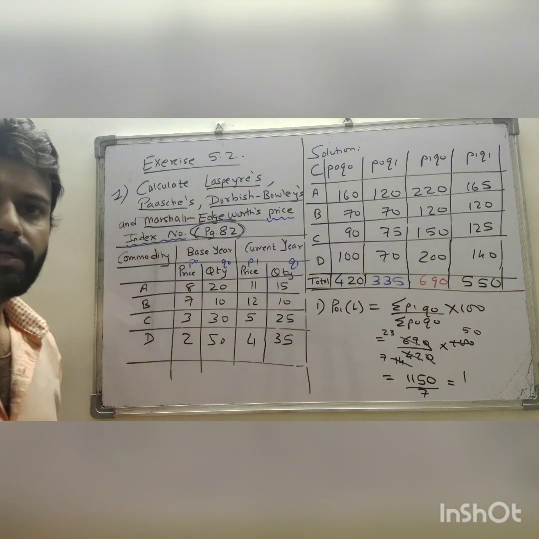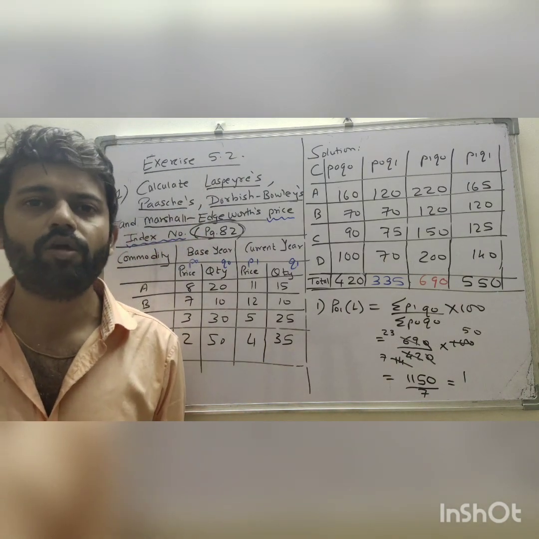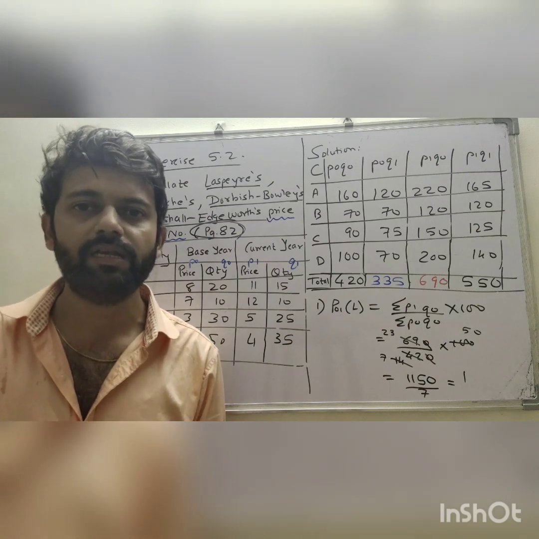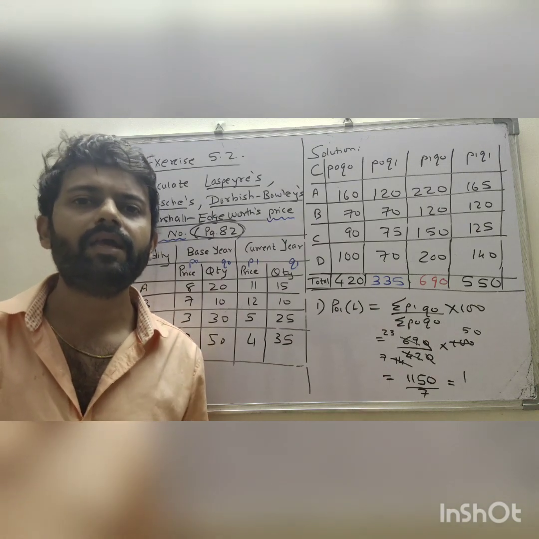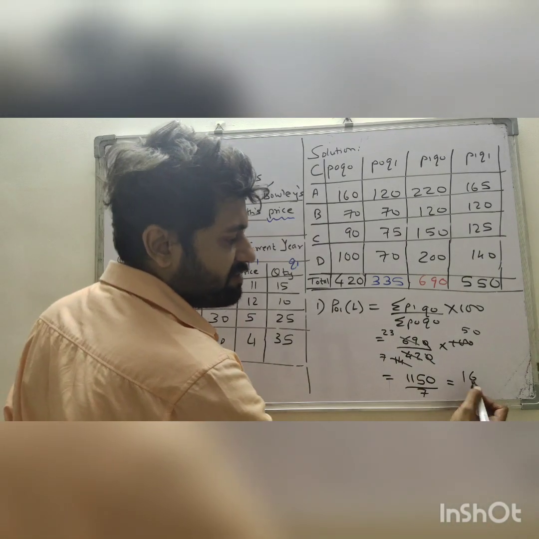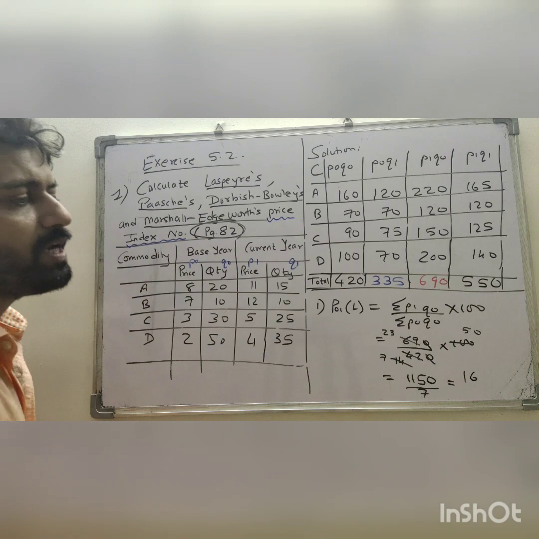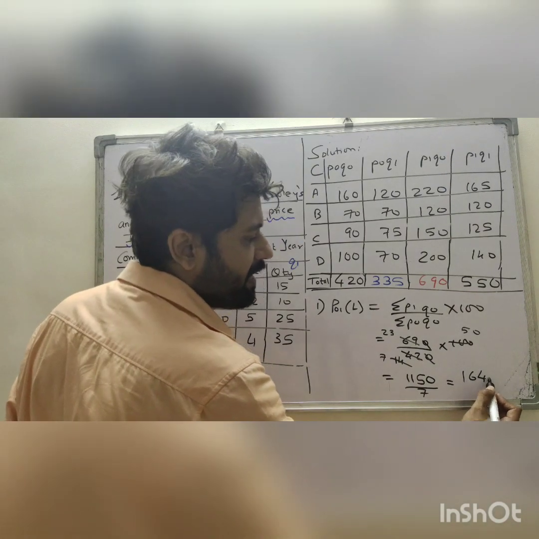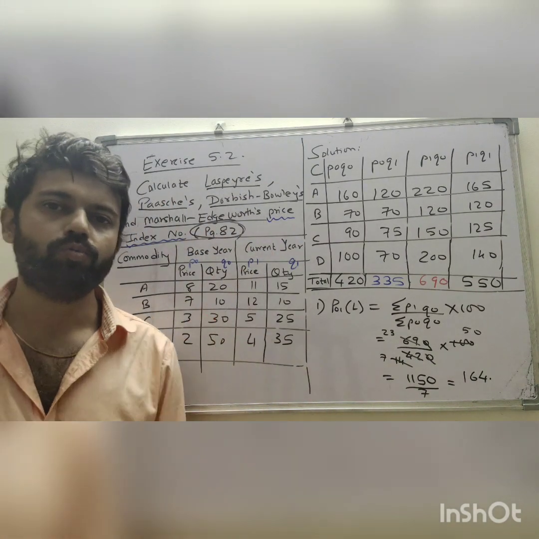This is a single digit, the denominator, the divisor is a single number, so I am carrying out orally. 7 1s are 7, remainder 4, 45. 7 6s are 42, 3, 30, 7 4s are 28, 2.